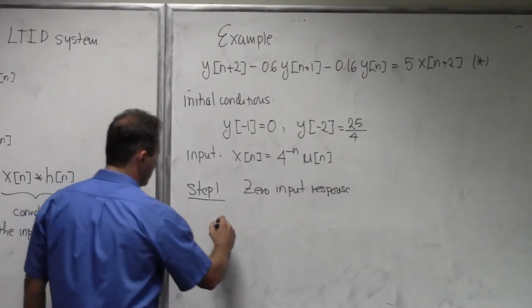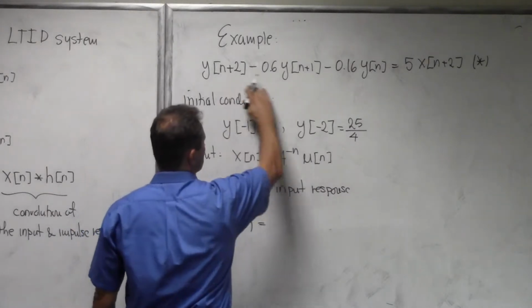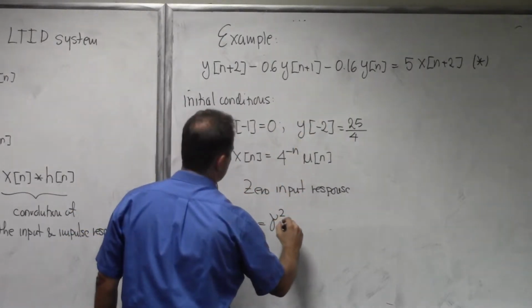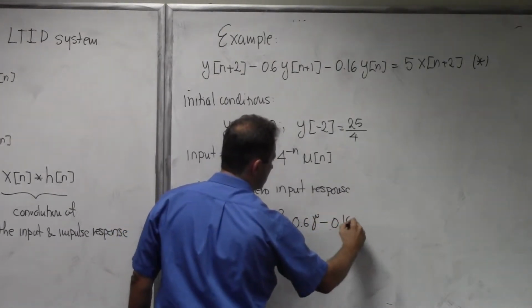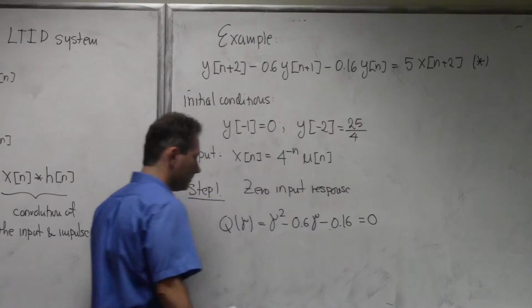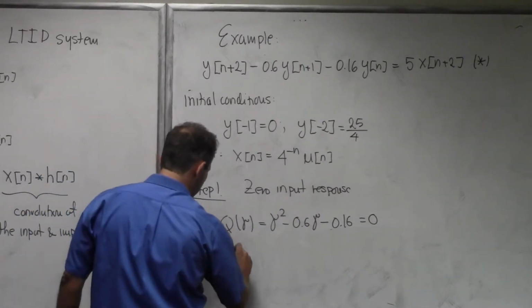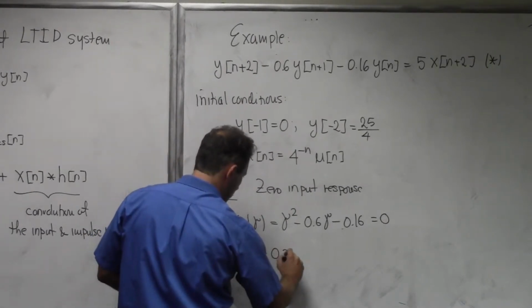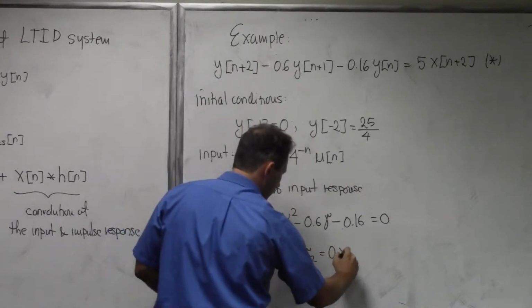And we know how we do that. We first form a characteristic equation, Q of gamma. Essentially, this becomes a polynomial, gamma squared minus 0.6 gamma minus 0.16 has to be equal to 0. And here we solve for gamma 1 as minus 0.2, and gamma 2 as 0.8.